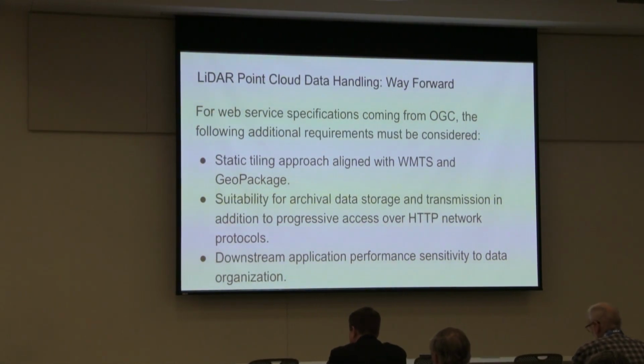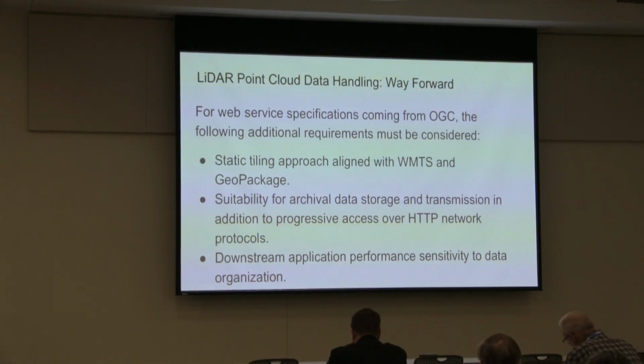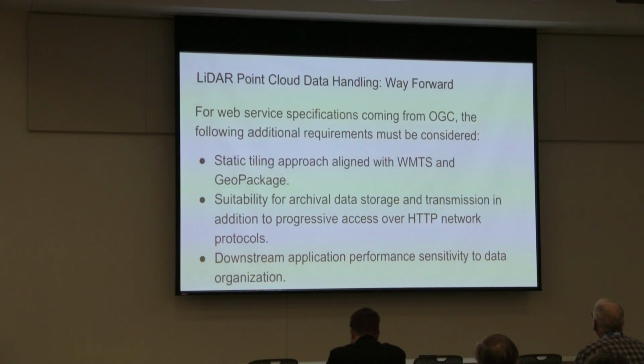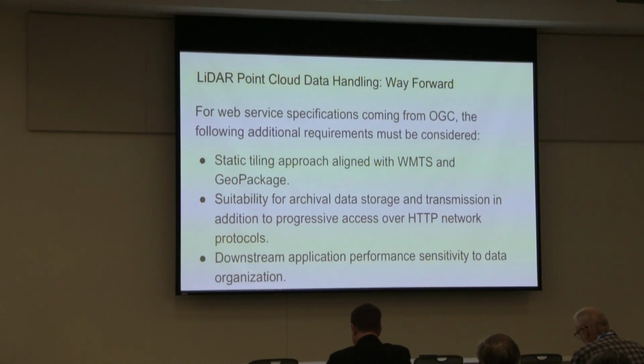So the way to move forward is that the web service specifications coming from OGC should or may follow additional requirements to be considered. A static tiling approach that can be aligned with the work that has been done with WPS and packages.